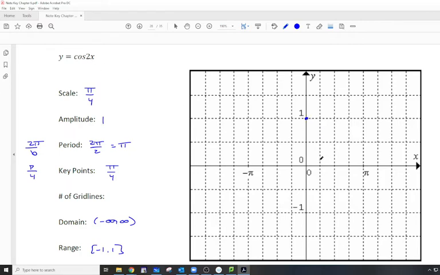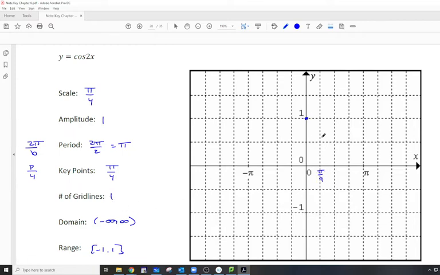Okay, now to do a horizontal shrink by a half, what I want to figure out is how to fit my graph between 0 and pi. So we do that by doing a key point every pi by 4. So what we have to figure out is how many grid lines pi by 4 is. Well, the scale happens to be pi by 4, so 1 grid line is pi by 4.